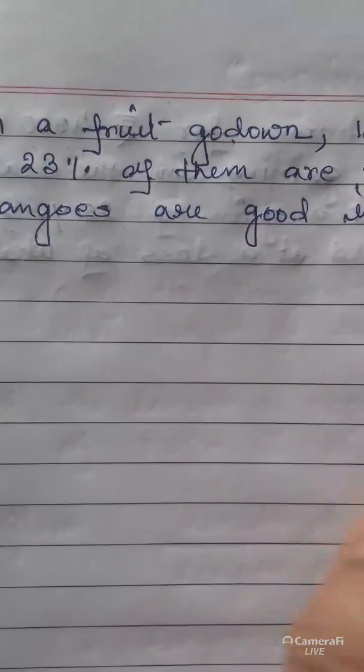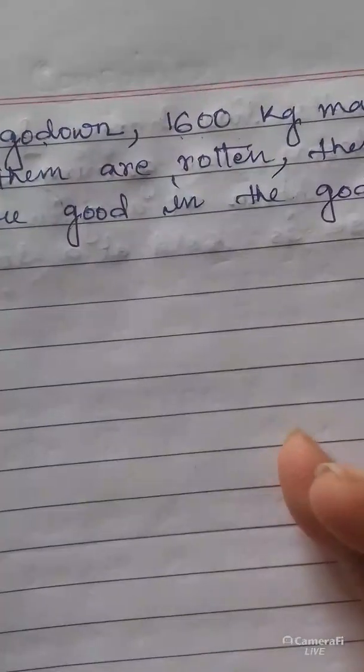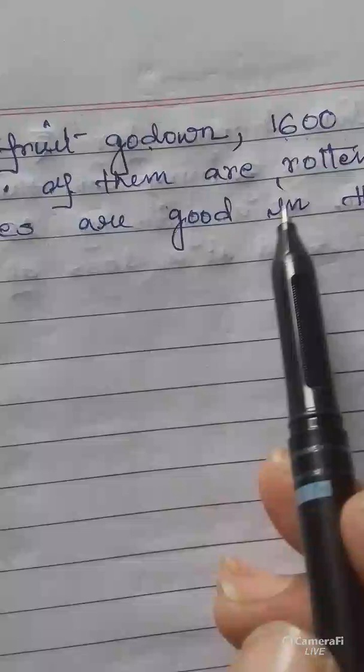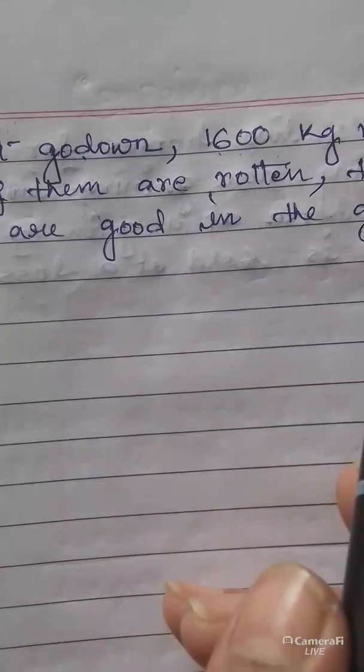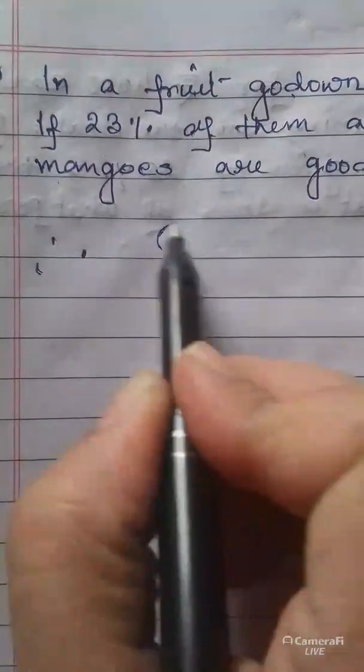Now the next problem. In a fruit godown, 1600 kilogram mangoes are stored. If 23% of them are rotten, then how much mangoes are good in the godown? Here the total quantity of mangoes is already given.